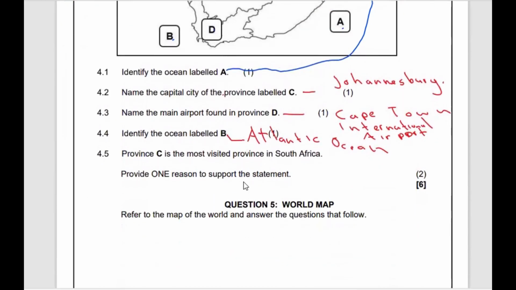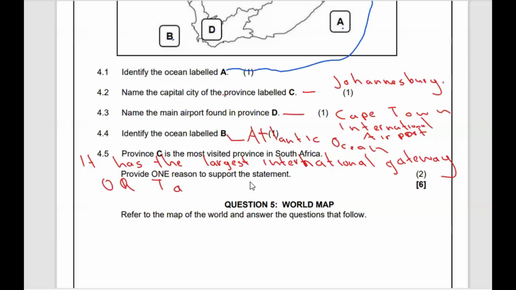The first reason is that it has the largest international gateway through the OR Tambo International Airport. So most tourists come into the country through OR Tambo International Airport. That's why it is the most visited province in South Africa.